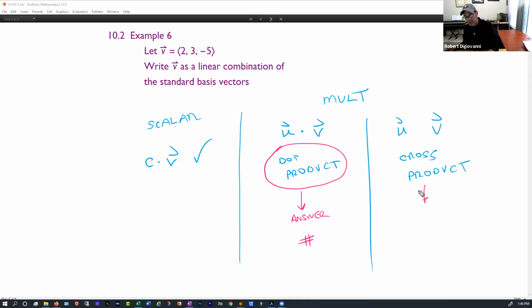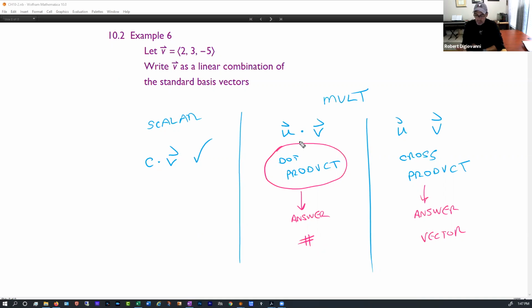But when you do a cross product, your answer is a vector. And I think it would be very natural for everyone to say, well, what does this number mean? If you take two vectors and multiply them, doing a dot product, and I get a numerical answer, what does that quantity represent?